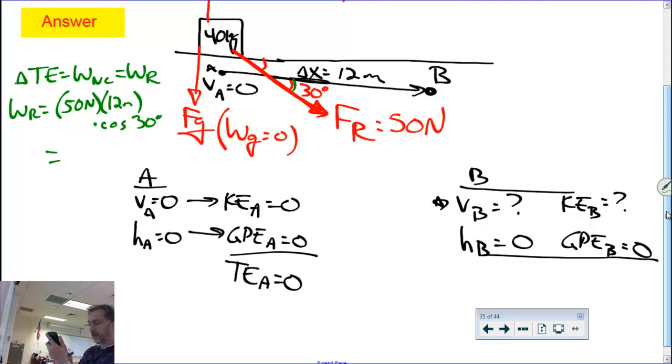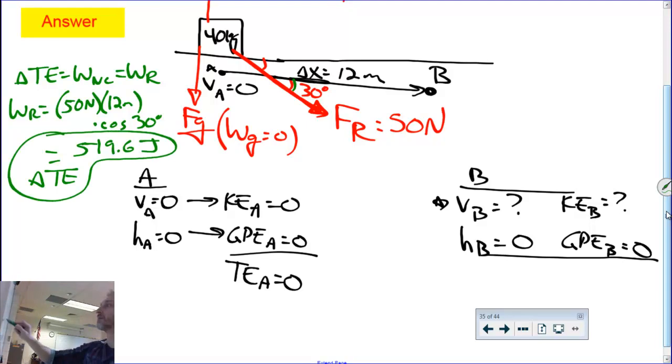Multiply that out: 600 times the cosine of 30 gives you 519.6 joules. Now, this represents how much our total energy changed. It's positive, which means we gained this much energy.